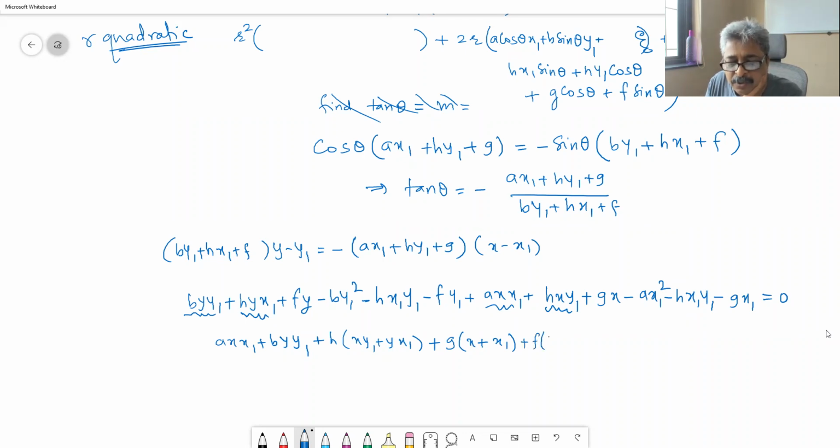Plus f into (y plus y1); again fy1 is negative and we added one more, so we have to have two negatives. And let us add c from our pocket. That makes it T, and all negatives, if we push to the other side, we get ax1 square plus by1 square plus 2hx1y1 plus 2gx1 plus 2fy1 plus c, and that is equal to S1.